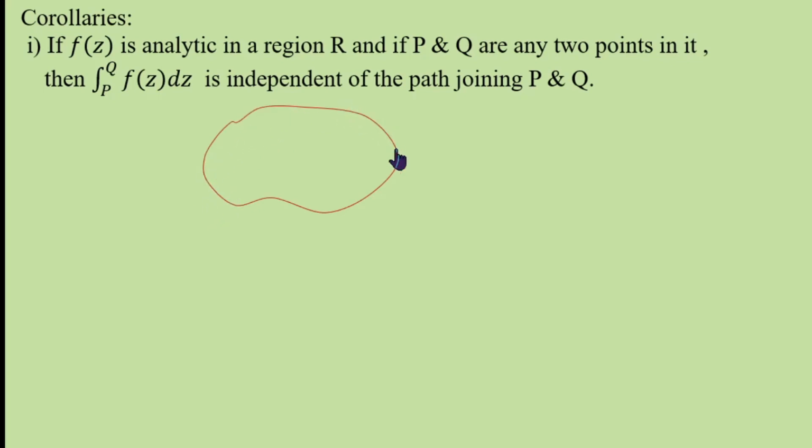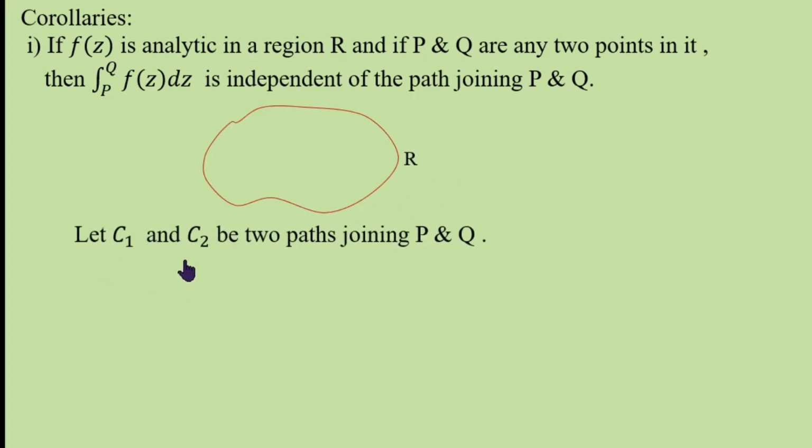Now this is the region R, take any two points in this region. Let C1 and C2 be two paths joining P and Q. From P to Q there are two paths, one is C1 and one is C2.